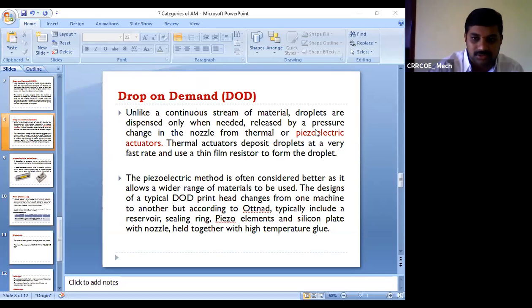Actuators are also used here. What is the major function of the actuators? They control movement or force, whatever the movement controls may be, performed by the actuators. We have different types of actuators. Here they are going to use thermal or piezoelectric actuators.